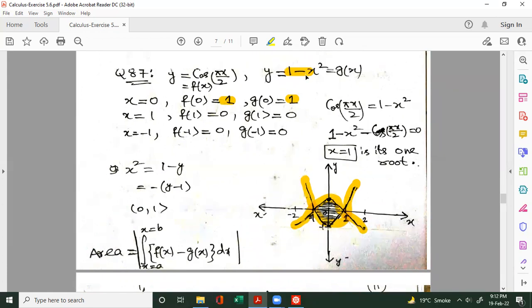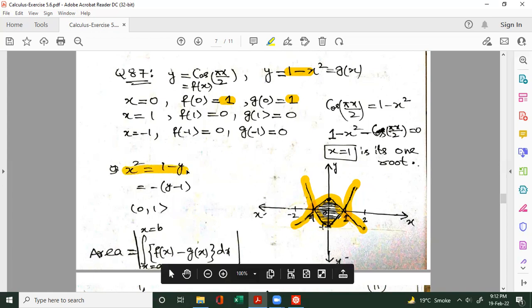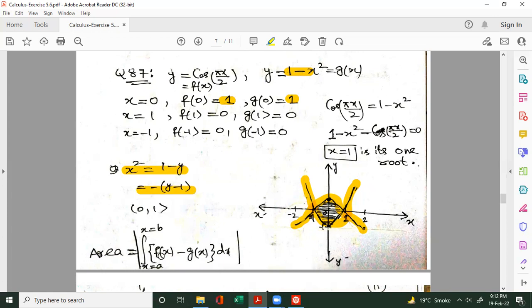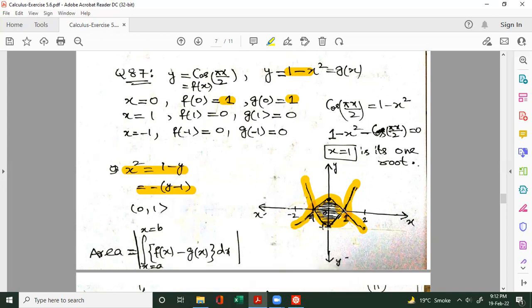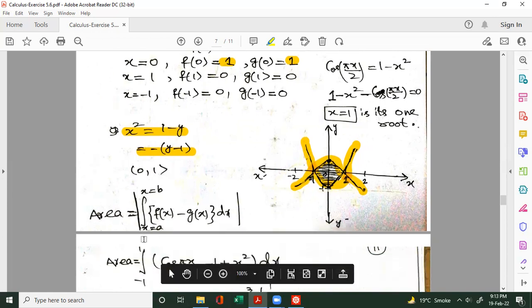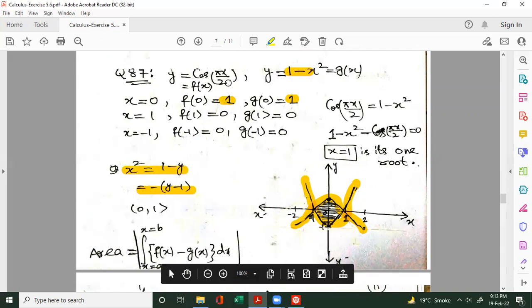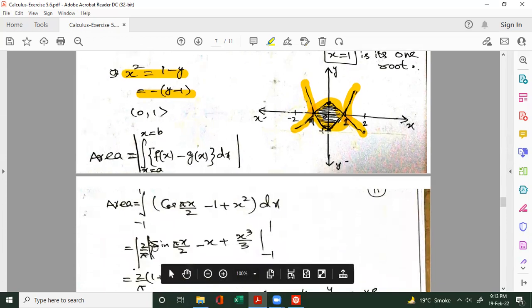Actually, I need to find the area, and I am using the projection along the x-axis. Along the x-axis, the area that is bounded between these two curves starts from -1 and ends at +1. So simply you need to integrate f minus g. What is f here? Cos pi x over 2. What is g here? 1 minus x square. Integrate it from -1 to 1.